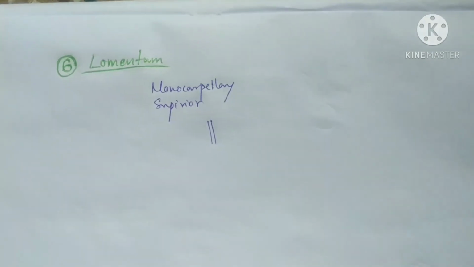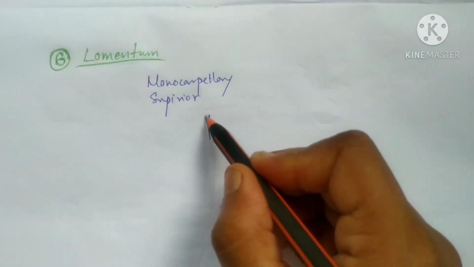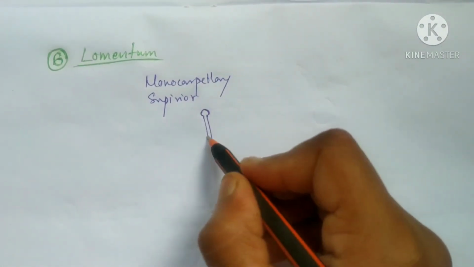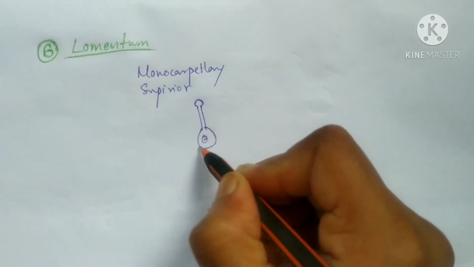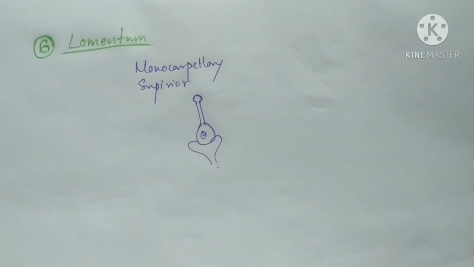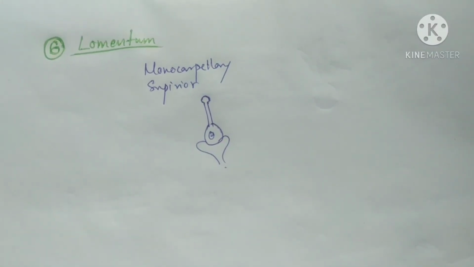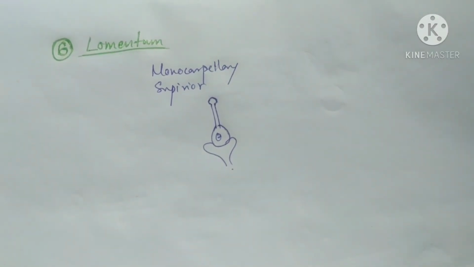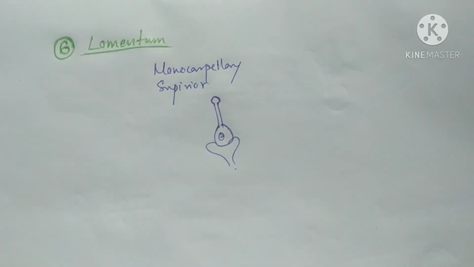Now the next type is Lomentum. So Lomentum fruit looks like legume, okay, but they are dry. This type of fruit develops from a superior monocarpellary ovary. Okay, so monocarpellary means one carpel, right, and a single ovary, superior, right? So this type of ovary, and here the fruit contains many separate beads, right, and each bead contains a single seed.